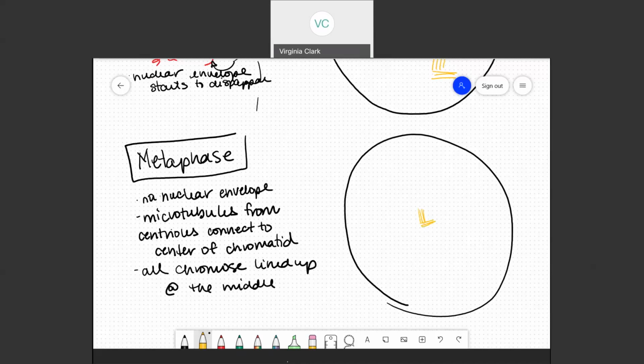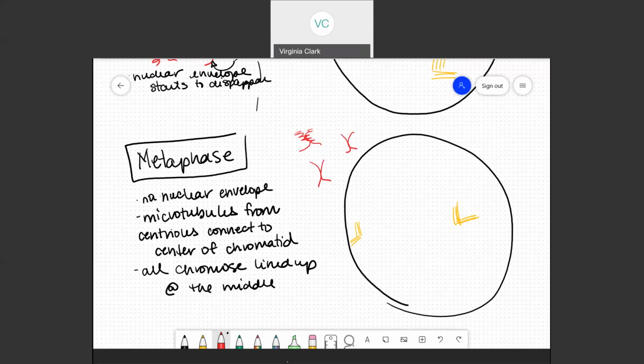Here's the other. Actually, let me blow that up a little bit more. And here are my sister chromatids. Just as an FYI, this is my chromosomes put together. I have two chromatids. I'm going to just draw them like this for ease, but these are essentially the coils. I'm just going to draw them separately, a little bit easier.